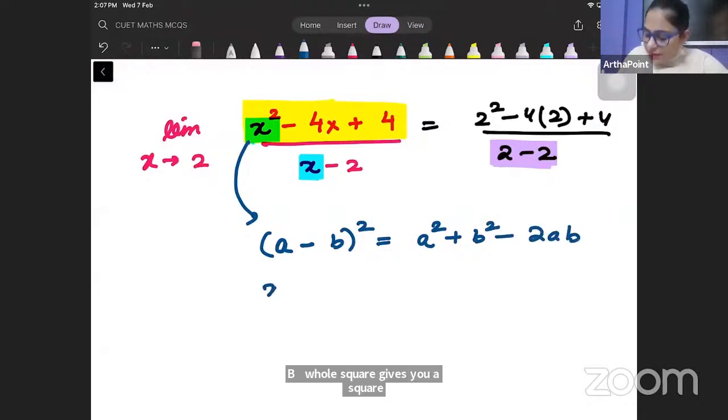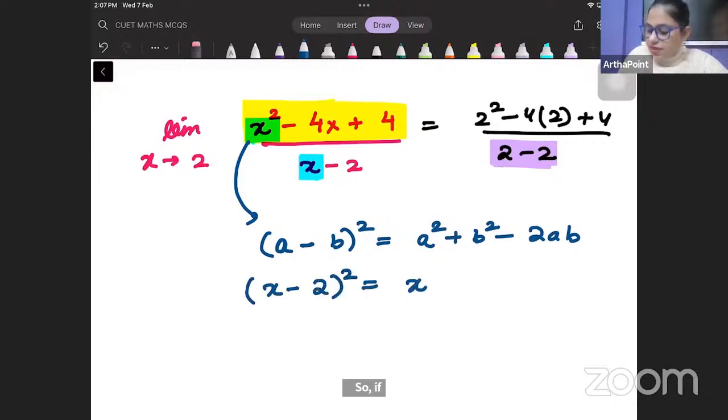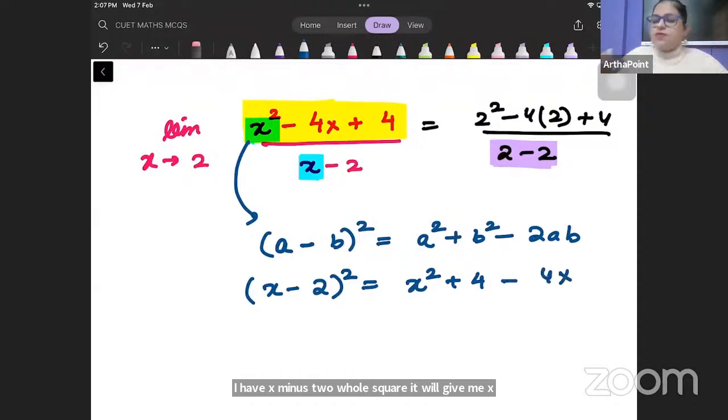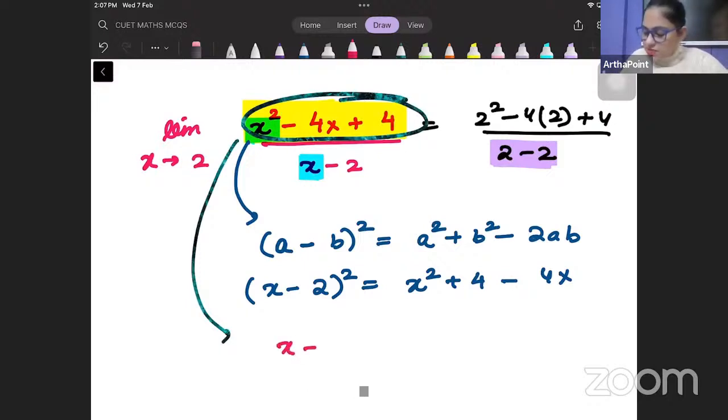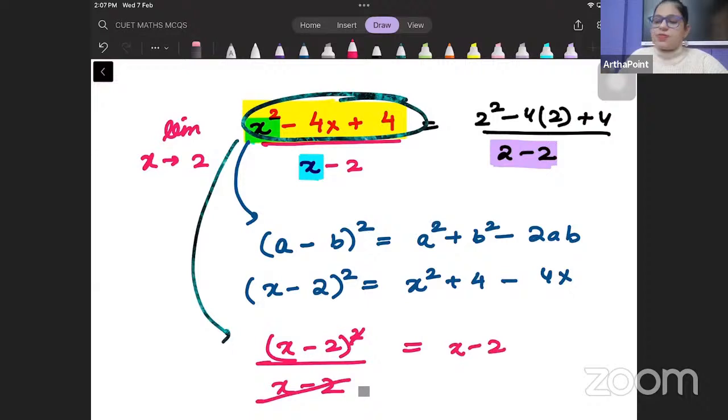So if I had (x minus 2) whole square, it will give me x square plus 4 minus 4x. So मेरे को clearly identify हो रहा है that this numerator is nothing but (x minus 2) whole square upon (x minus 2). So I can just cancel this out and I will be left with x minus 2.